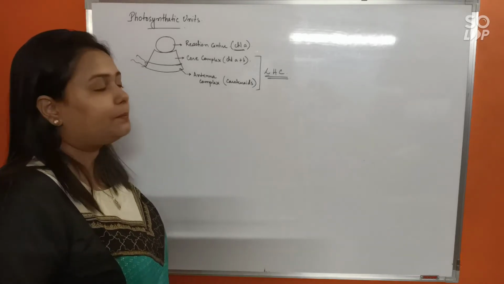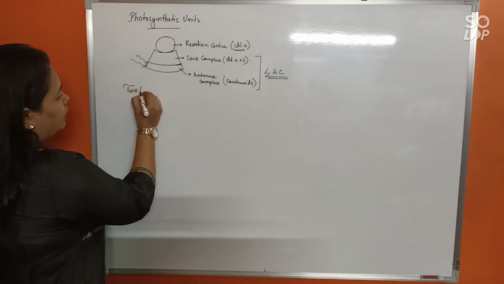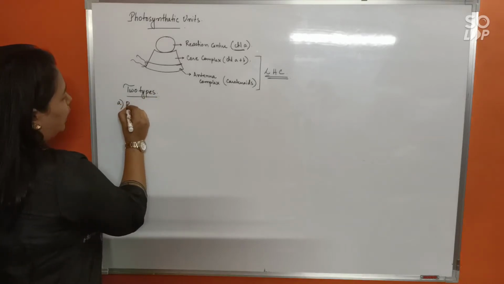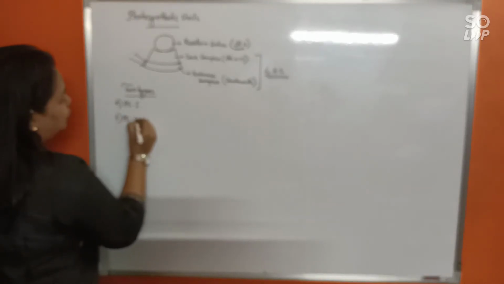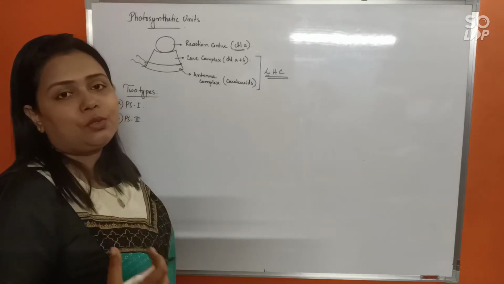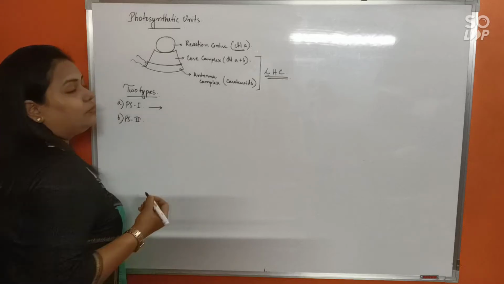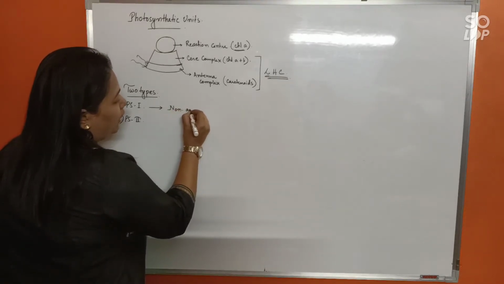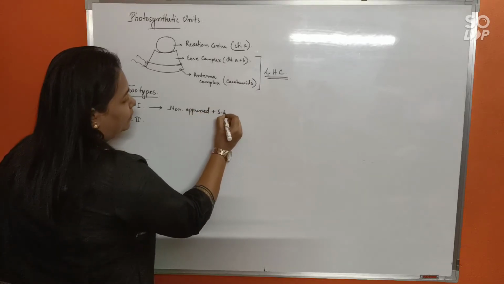Do remember this. Now, the photosynthetic units can be of two types: PS1, photosystem 1, and PS2, photosystem 2. They have been termed according to the sequence of their discoveries. Now, PS1 is mainly found in non-appressed thylakoids and stromal lamellae.